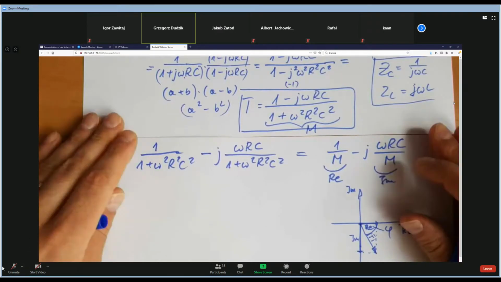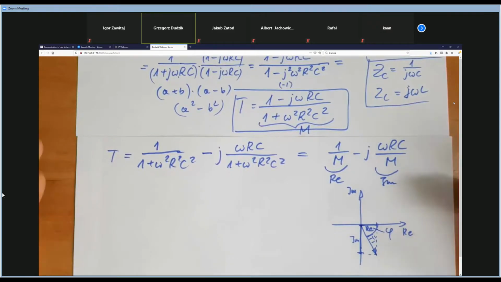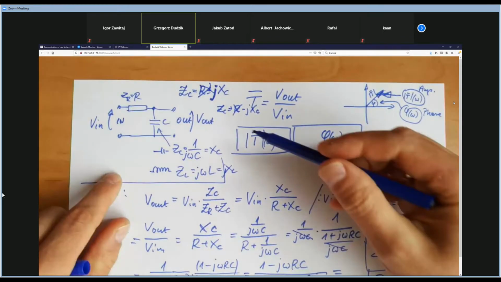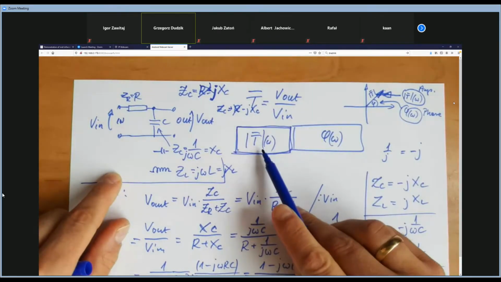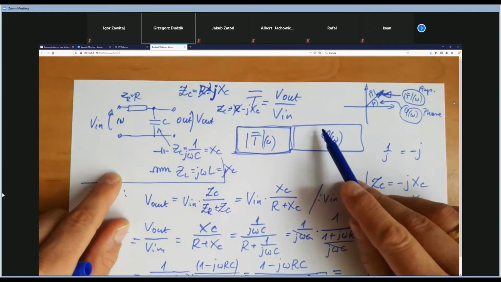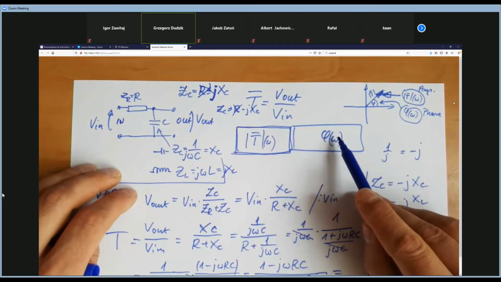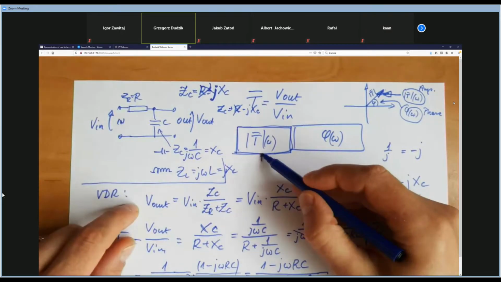So now we have to calculate the module, yes? That's right. Because we wanted to find the amplitude characteristic and the phase characteristic, if we come back here, the amplitude characteristic, in fact, is the module of T according to omega. The phase characteristic is the phi, the angle characteristic according to omega. That's right. So let's calculate the amplitude characteristic.